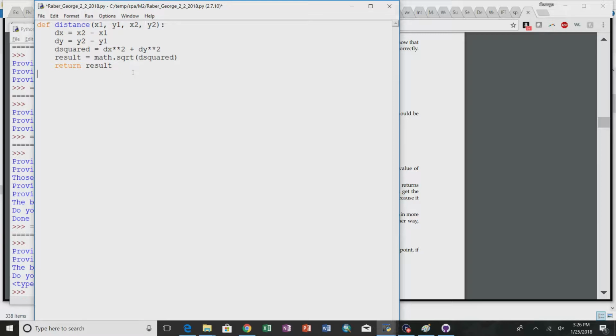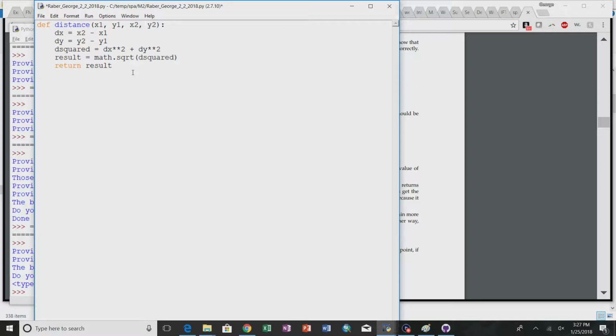That's the difference between the x's and the difference between the y's. We square both of those and add them together. Then we have the square of the hypotenuse, which is really the distance between 2 points. We take the square root, and we get a result. And that result is returned.